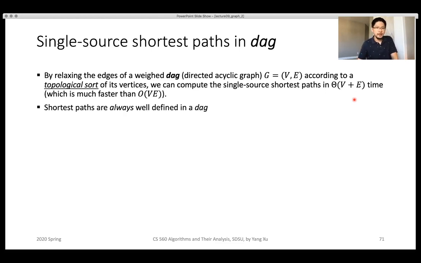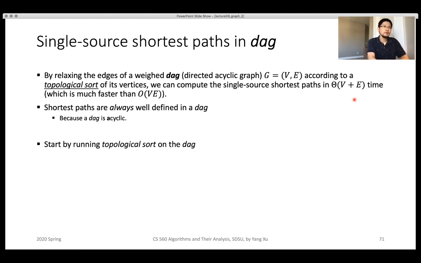We have such an advantage because the input is constrained to be a DAG, which is acyclic and has no cycles. That's the feature that saves us the running time.